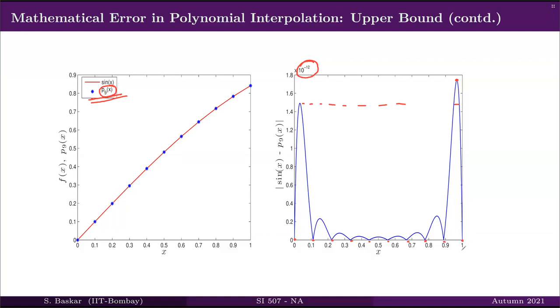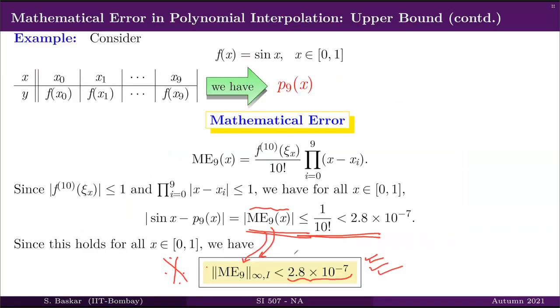You can see that theoretically, what we obtained as the maximum norm ME9, theoretically we got the result that ME9 will at most have this value. That is, the worst possible value of this term is going to be 2.8 into 10 to the power of minus 7.